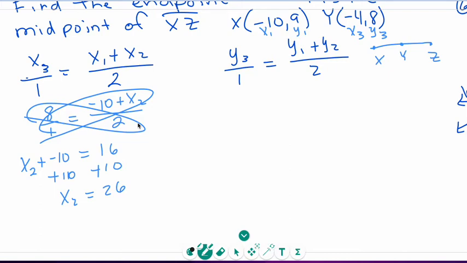Let me look here real quick. This should not be 8. This should be a 4, which will make this an 8.